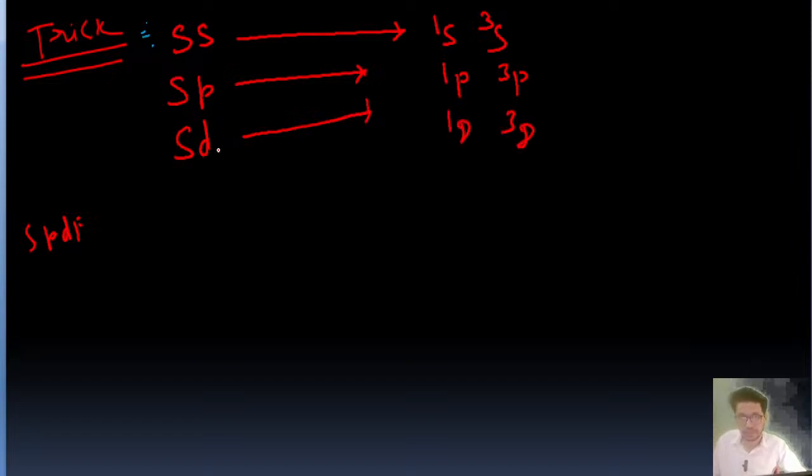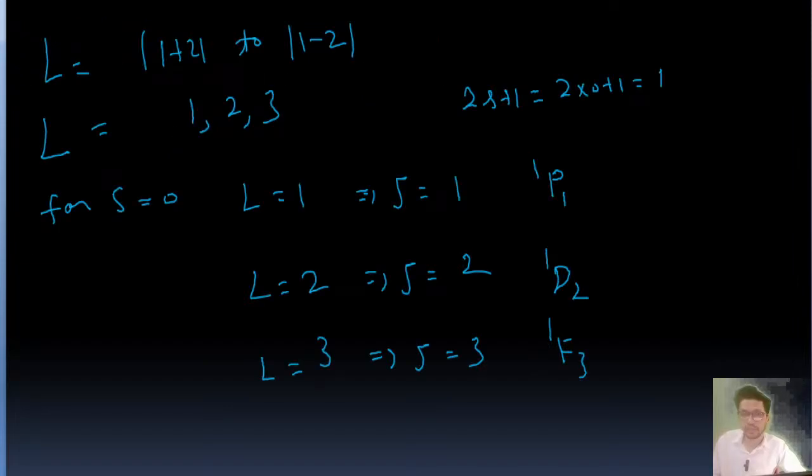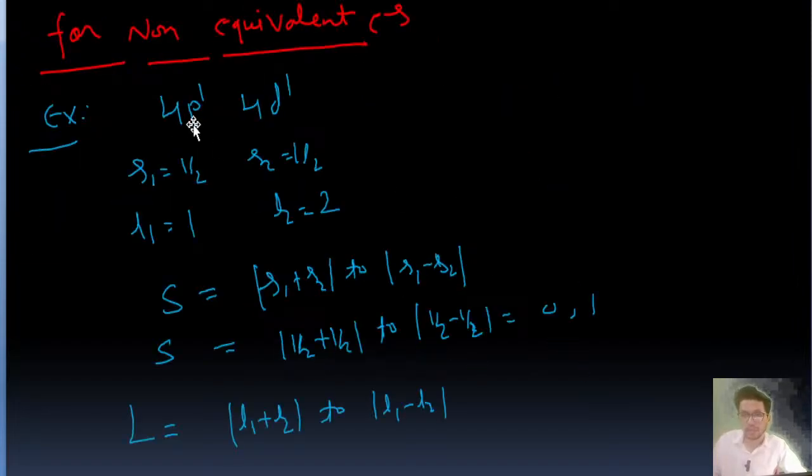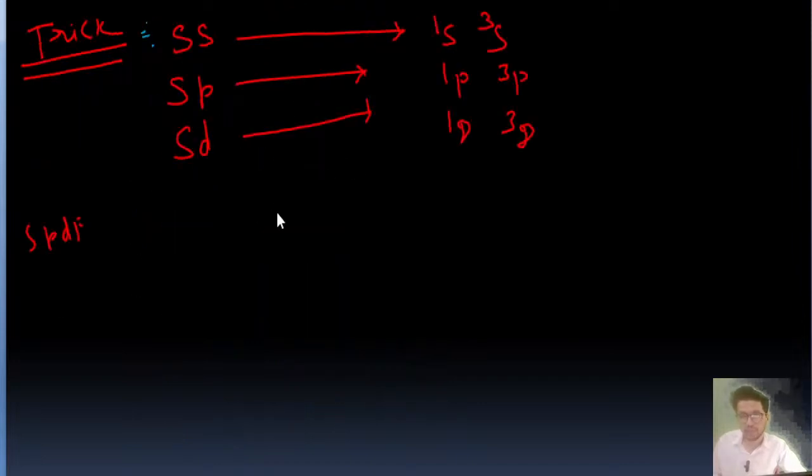For example, if we have a 4p electron and a 4d electron, P electron and D, PD, we can directly find the spectroscopic term if we know this trick.